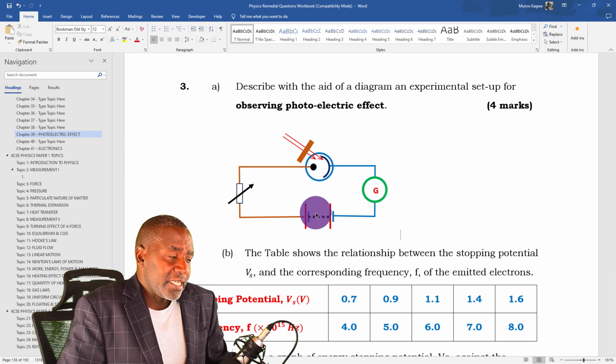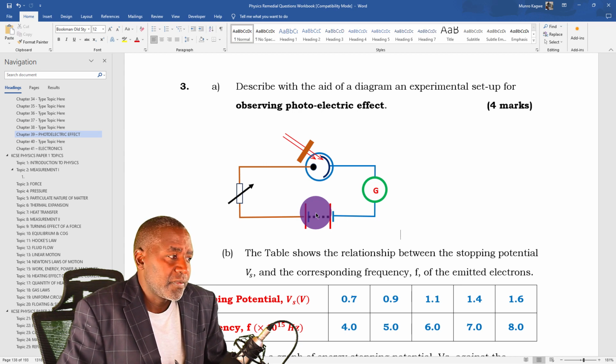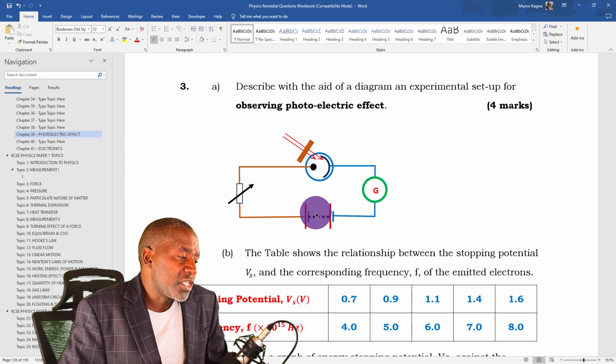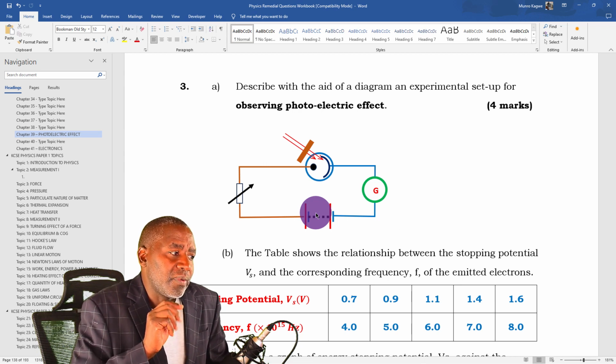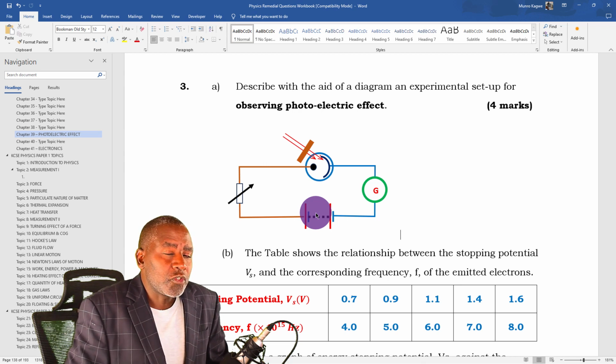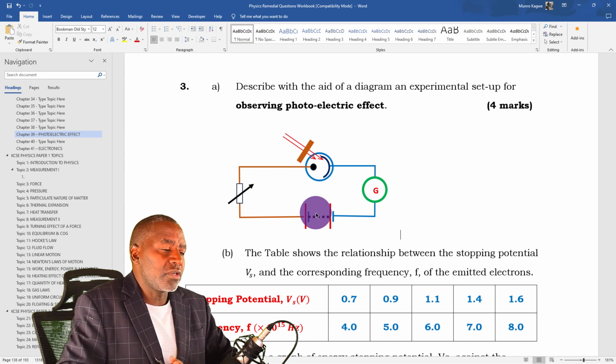And then in the description, connect the circuit shown in the diagram. That is one of the statements that you can put down. The apparatus listed above are connected as shown in the diagram, ensuring that the positive terminal of the battery is connected to the anode, while the negative terminal is connected to the cathode. When the photocell is covered with a piece of cloth, or when the photocell is in darkness, there is no deflection on the galvanometer.